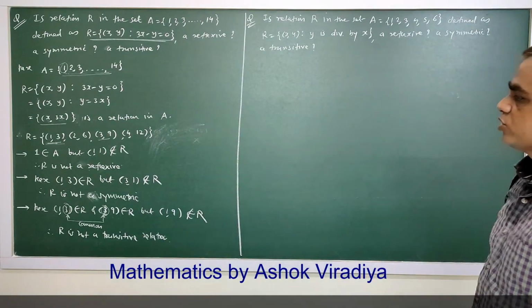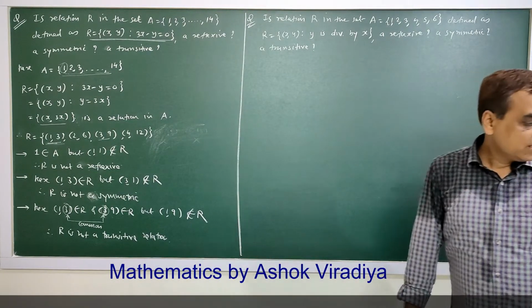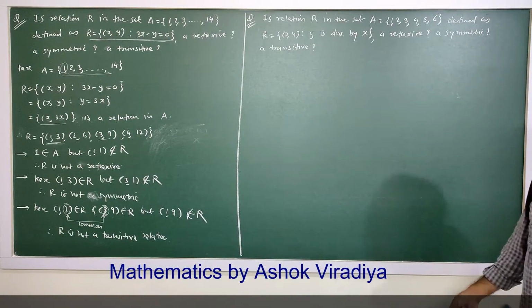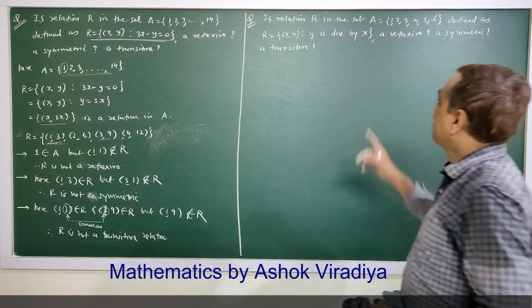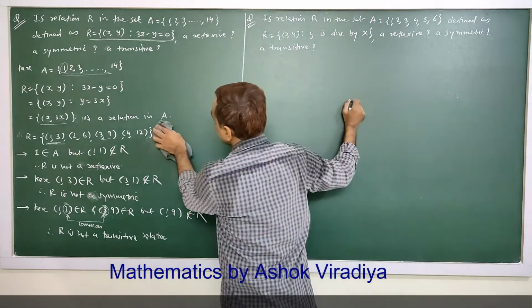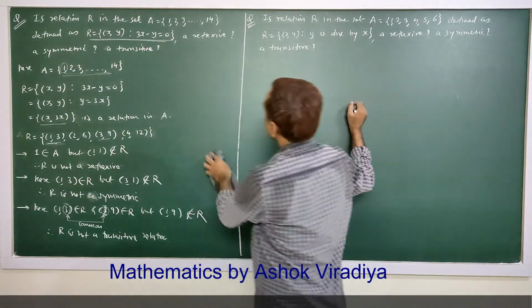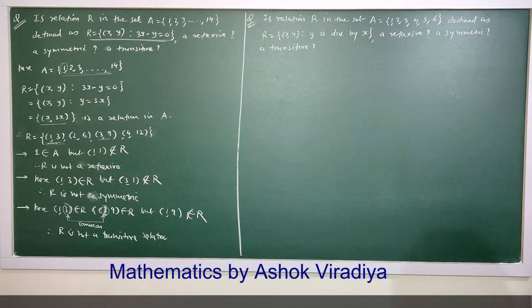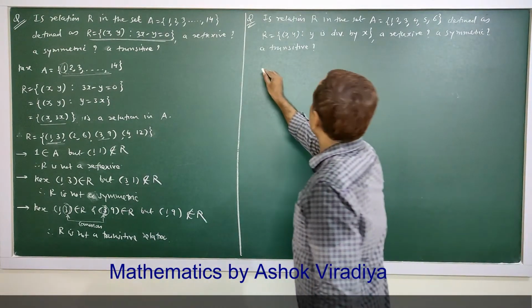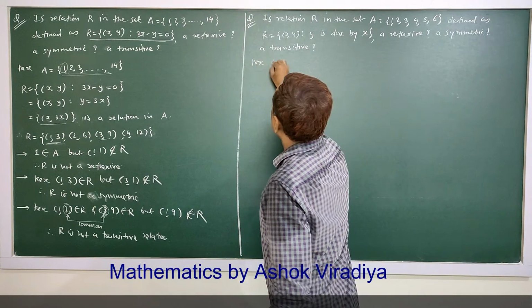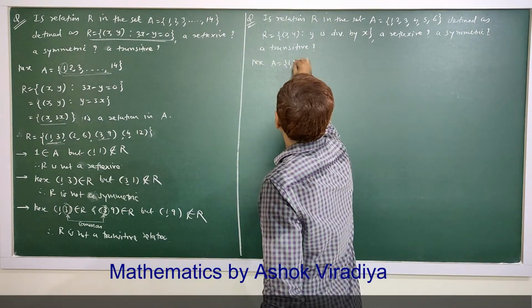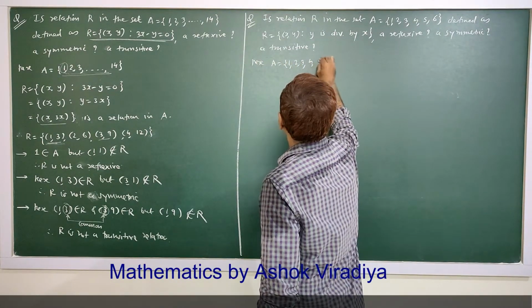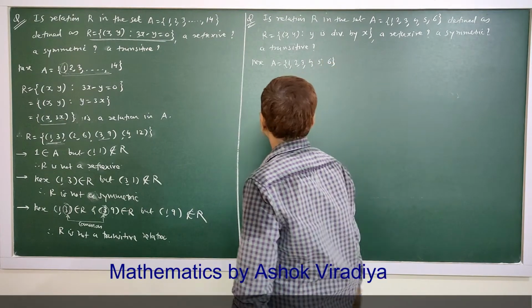Now this side, this question: R in set A defined as y is divisible by x, is it reflexive, symmetric, or transitive? Say here, set A is 1, 2, 3, 4, 5, 6.